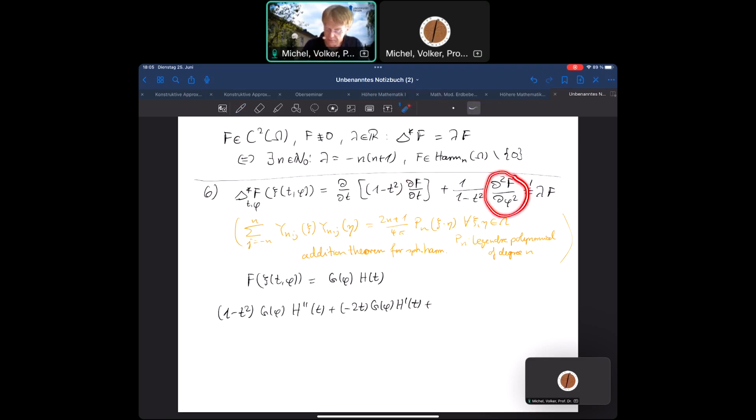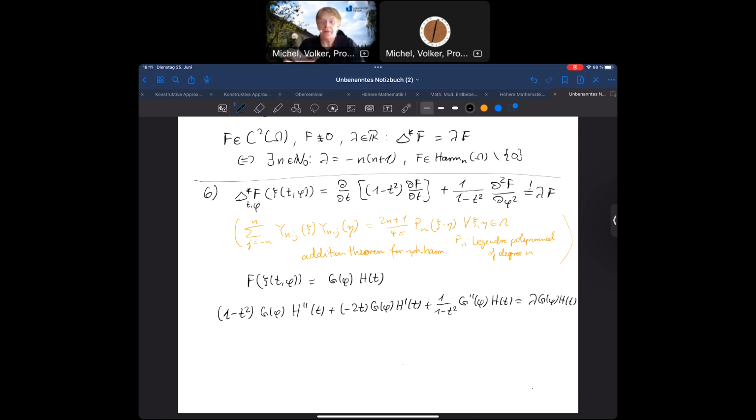This only applies to phi, so I only differentiate with respect to phi, and this certainly only applies to g here. So I get plus 1 over 1 minus t squared, and the g double prime of phi h of t. And the eigenvalue problem tells me it should be lambda g of phi h of t.